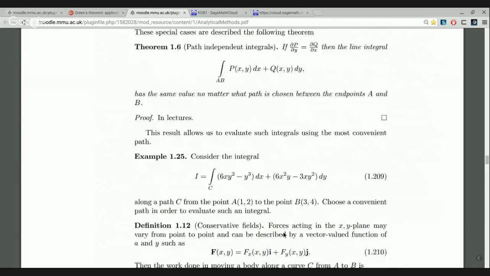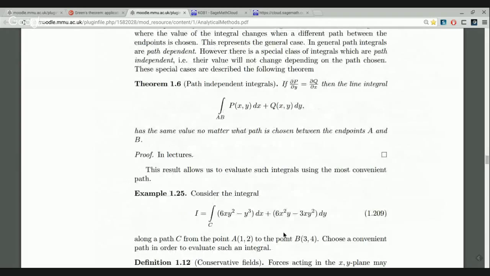So this theorem 1.6 says that if you have a p and a q which have that special behavior, so that dp/dy is equal to dq/dx, so that when you take their difference it will be 0, then the path integral from A to B of p dx plus q dy is independent of the particular path you choose between A and B.